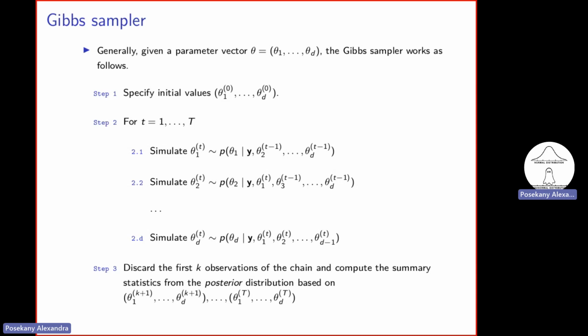Because it's a Monte Carlo scheme, where we add up all the samples to obtain, for example, the posterior mean, and we know that the mean is not robust with respect to outliers. So our initial value and the first values of the chain automatically are outliers, unless we were lucky and already started exactly in the posterior.